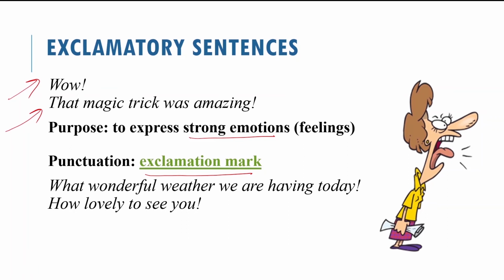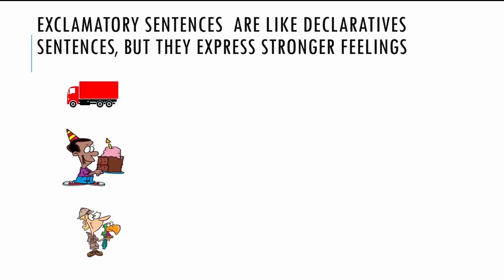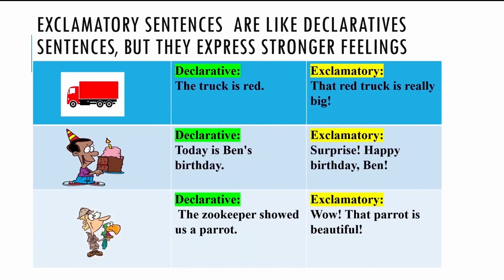These sentences are like declarative sentences. The only difference is expression of feelings as they express strong emotions such as surprise or anger, sadness, happiness. Let's look at some examples which will show us the clear difference between declarative and exclamatory form of sentences. Declarative sentence, this truck is red. It's a simple sentence.